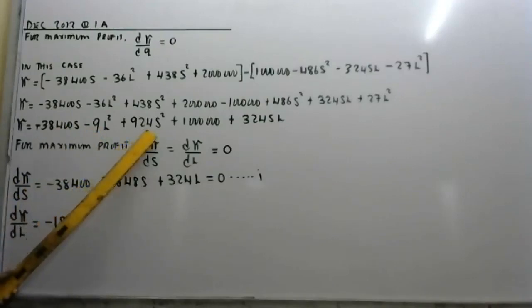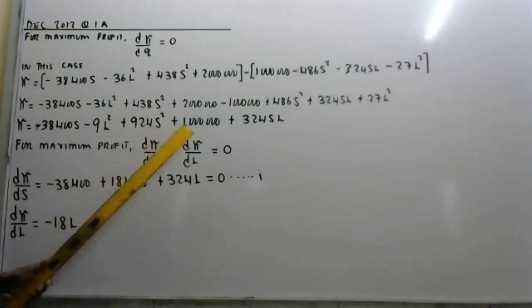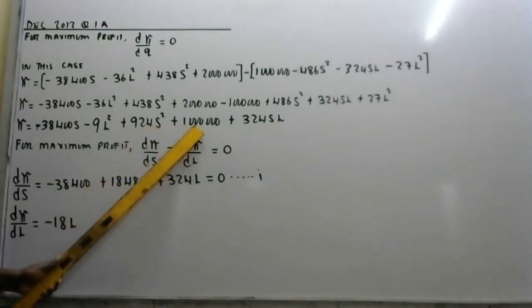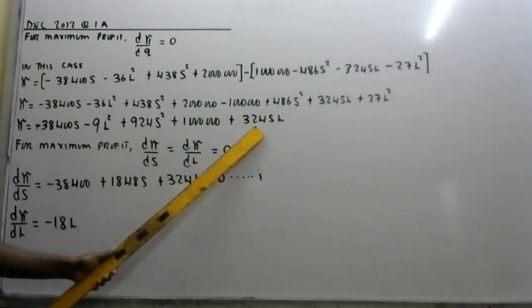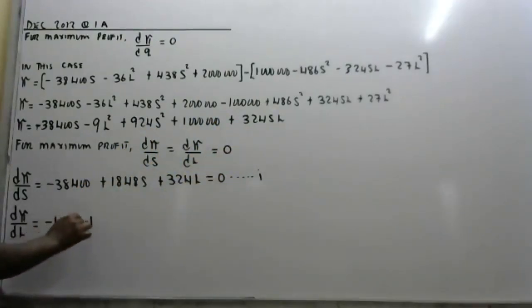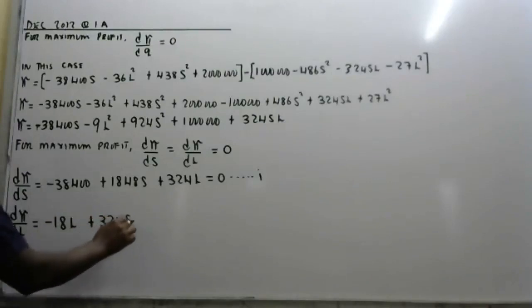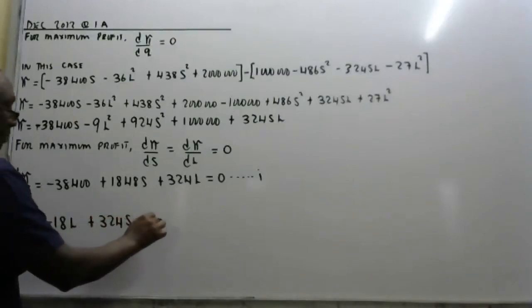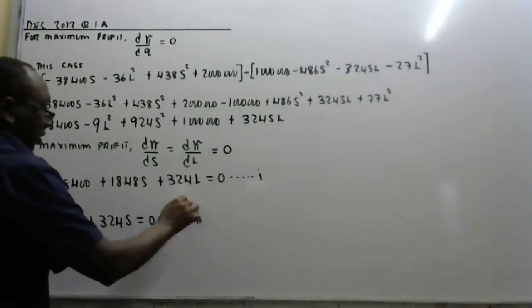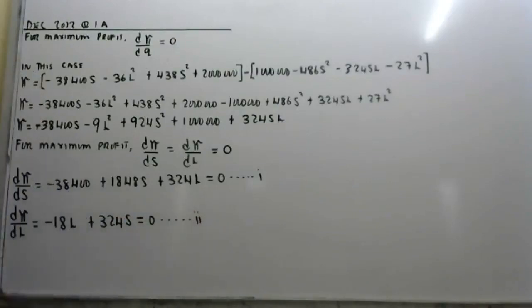This one does not have L, becomes 0. This one does not have L, 0. But this one has L, so we are left with plus 324S. You say equals to 0, and this is equation number 2.